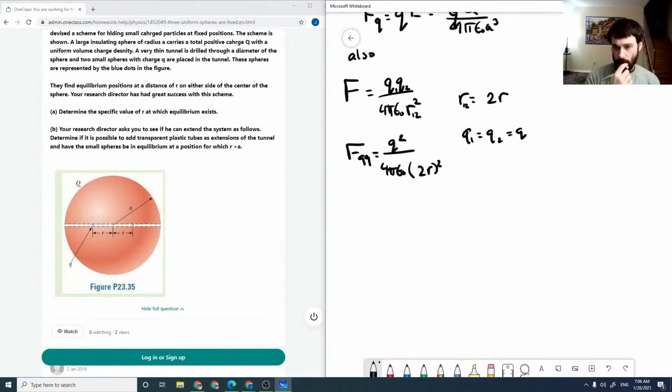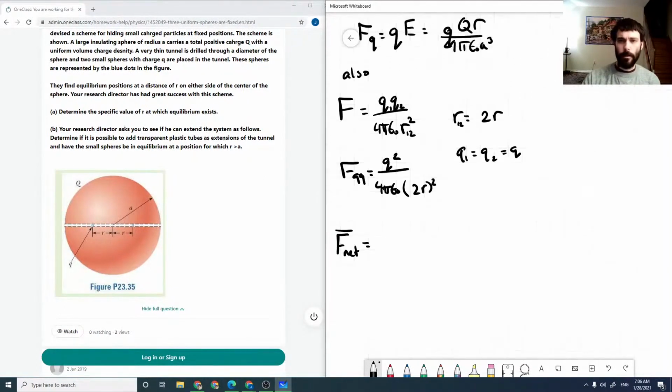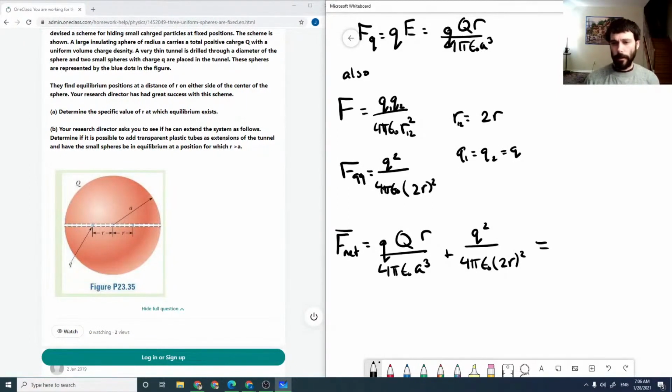Okay. So then our net force is the sum of these two: Q q r over 4 pi epsilon naught a cubed plus q squared over 4 pi epsilon naught times 2r squared equals 0.